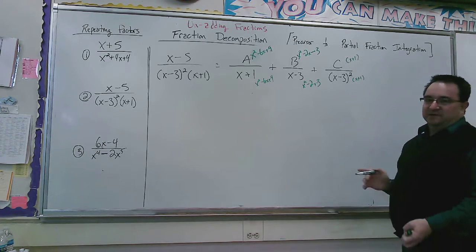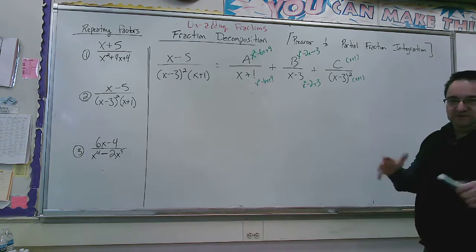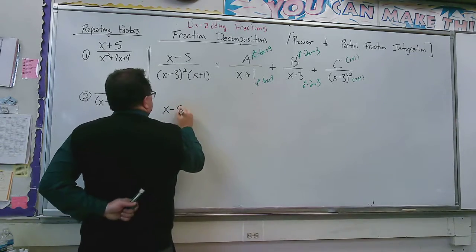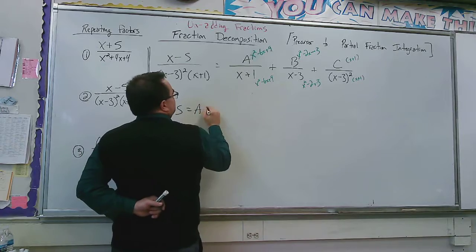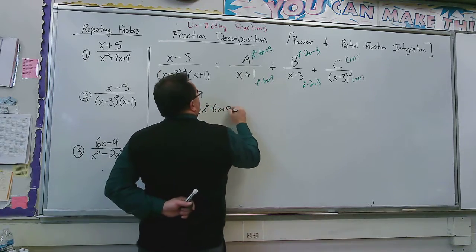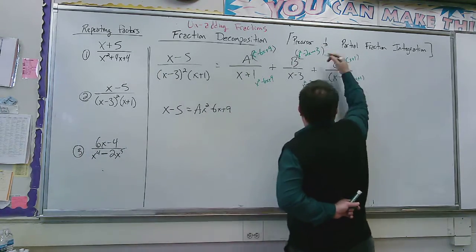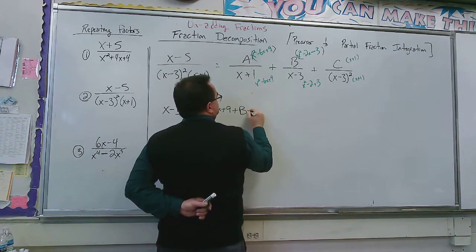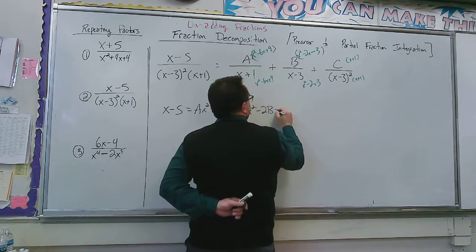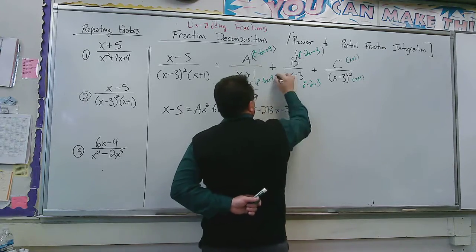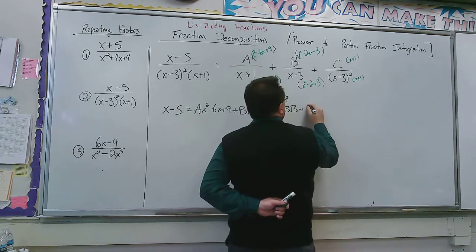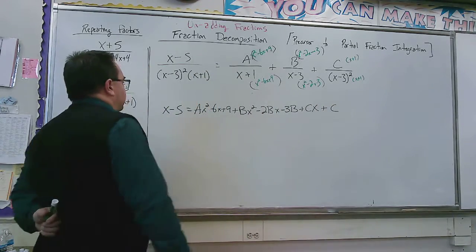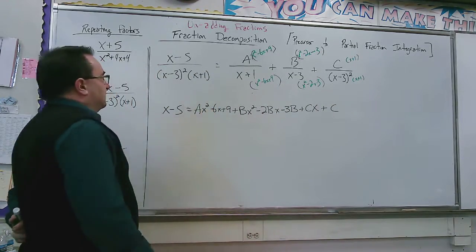So now my common denominators are in place, and I really can shift my focus to the numerator, which would be x minus 5 has to be the same as, that's a little sloppy, so let's make sure I do that. Okay, let me give it a quick once over.